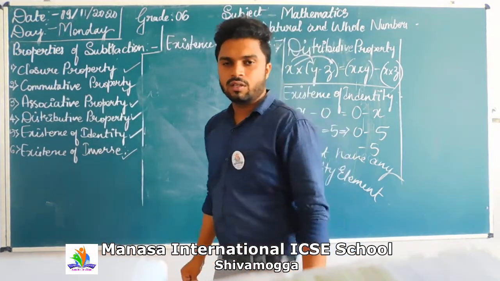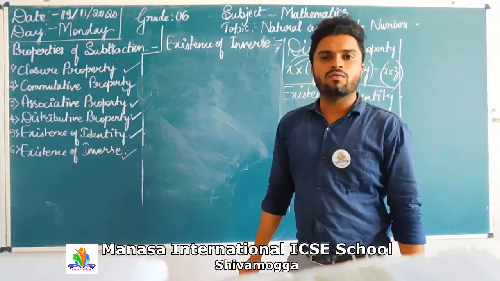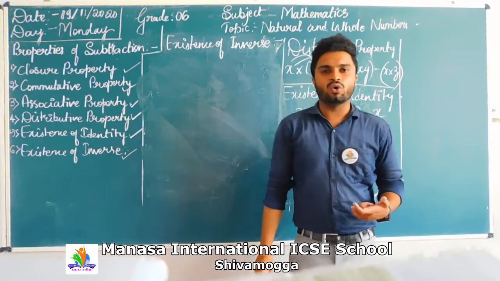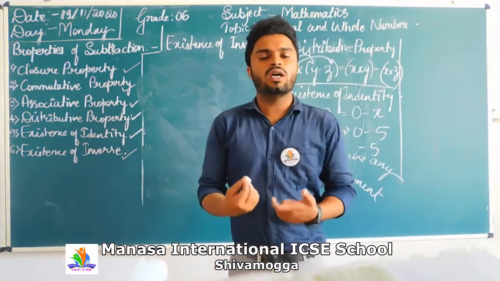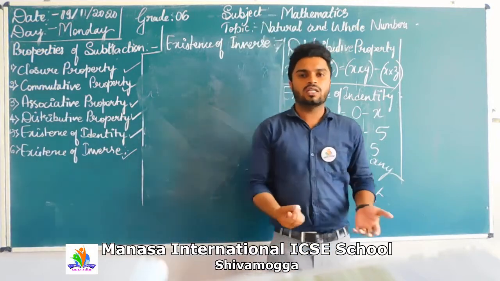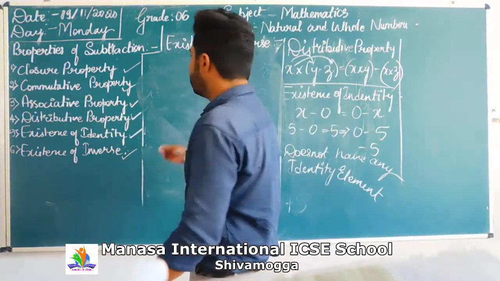Existence of inverse. What about your existence of inverse? Inverse in the sense, if you take any minus value, you need to get the answer as 0. Let us see this.